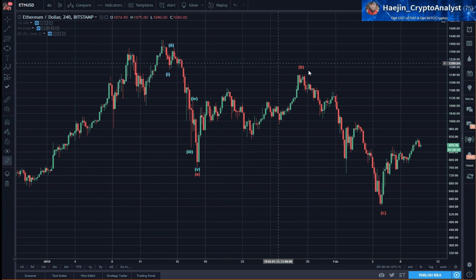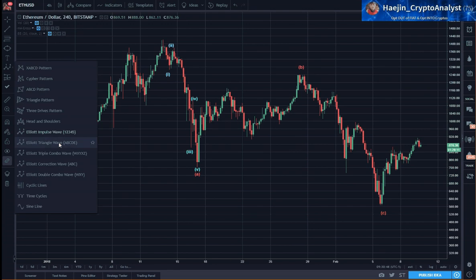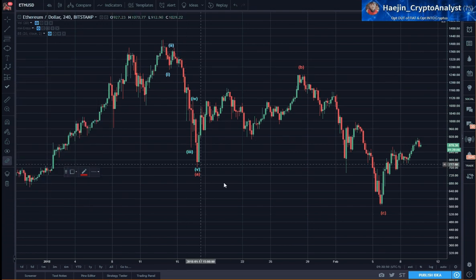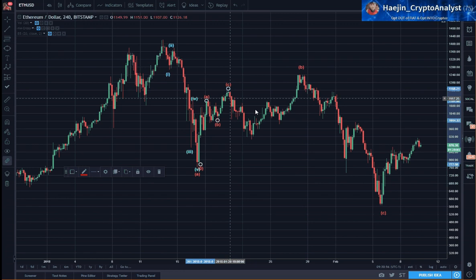Now it's at times very tricky. When you have real-time data coming in, it's easy to say this is A, B, and C. And we're now going to start the real larger degree of trend C wave. And this can trip up a lot of people.